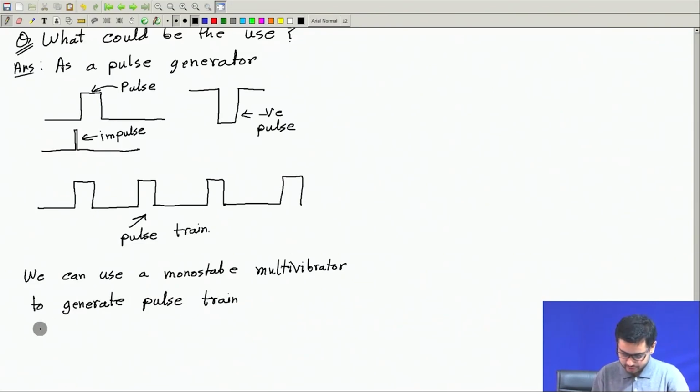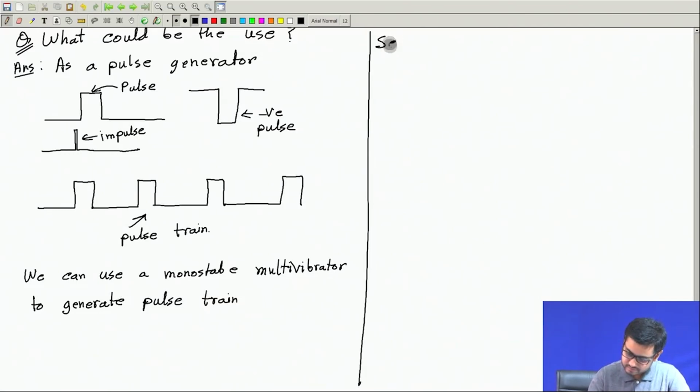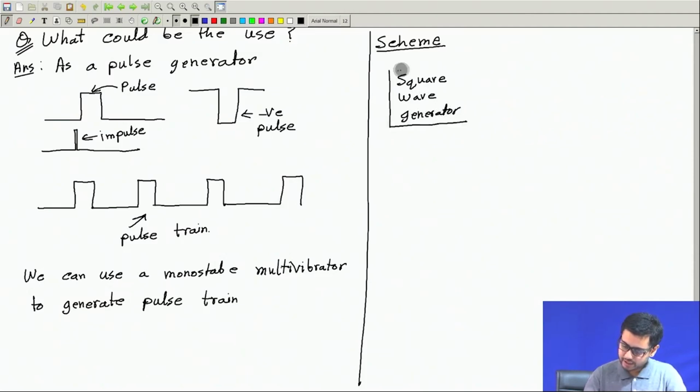The scheme is as follows. Let me draw the block diagram. We will take a square wave generator, a function generator, and we already have studied this.